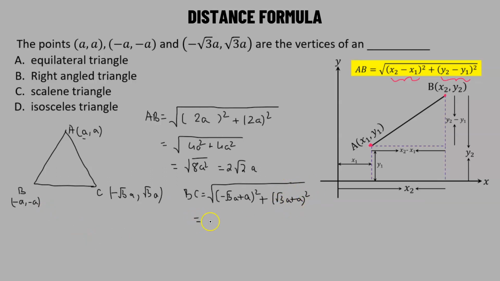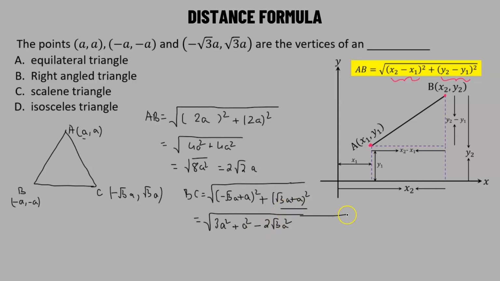Let's try to simplify this. Expanding using (a + b) squared, we get (negative √3 a) squared, which is simply 3a squared, then plus a squared, then negative 2 times √3 a squared.